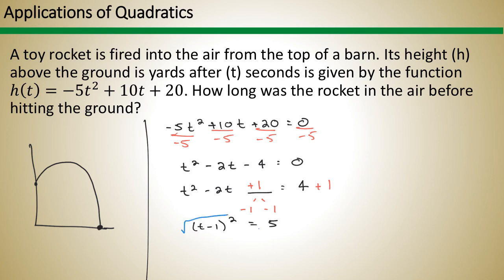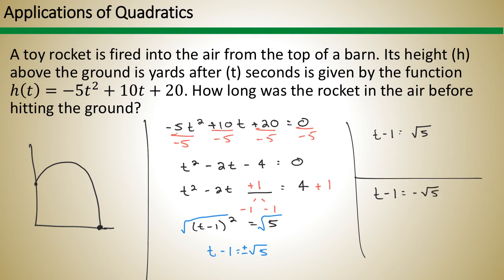So the square root of this and square root of this, we have t minus 1 is equal to plus or minus root 5. So we either have t minus 1 is equal to the positive root 5, or t minus 1 is equal to negative root 5.